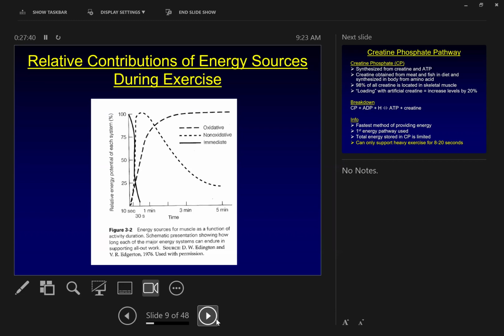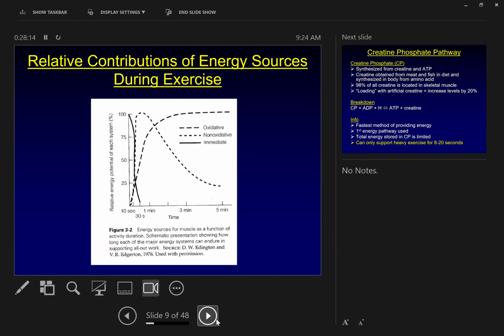What I want you to see here is that early on, in the first 10 or 15 seconds of any bout of exercise, any movement, the vast majority of the ATP comes from those immediate phosphagen systems. Stored ATP in your muscle is the first thing we're going to use. That lasts about a second.